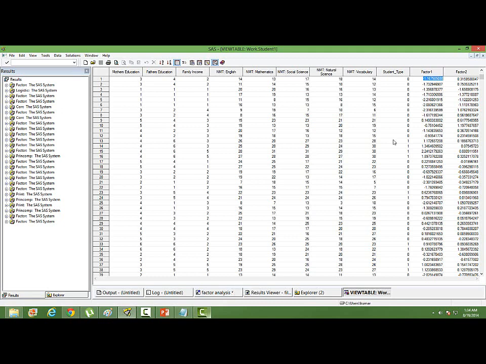Remember, in the exploratory factor analysis we used to assign a name to factor 1 and factor 2. It's difficult really to assign a name to a principal component because they are very much mechanical in nature, and it may not be suitable to have a name for them.